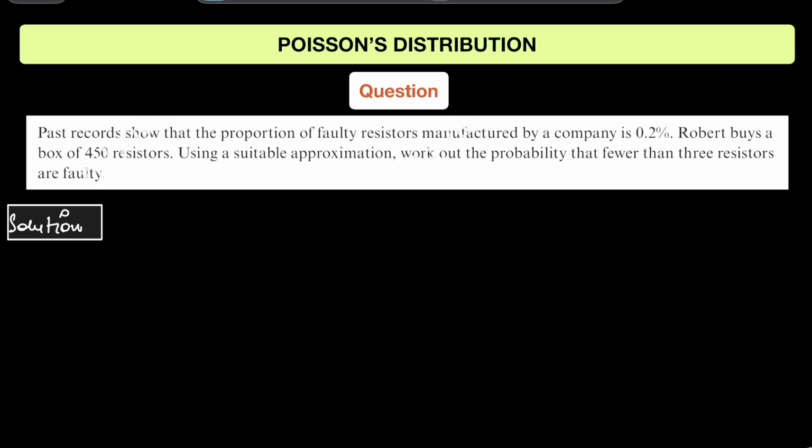Okay, so in this question we are given that the value of n is 450 and the value of p is 0.2%, which we convert to a decimal, and we get 0.002.